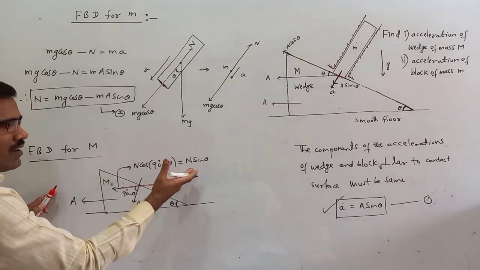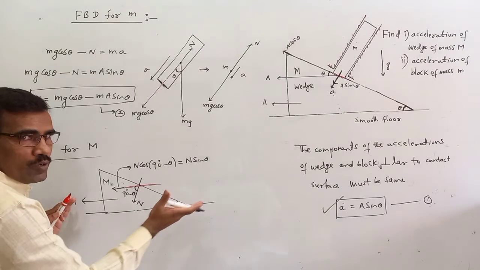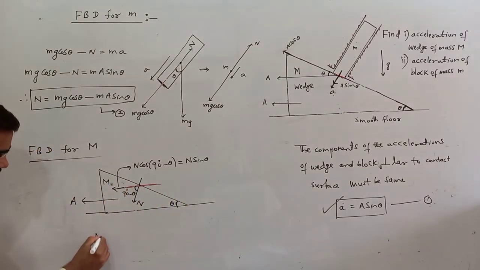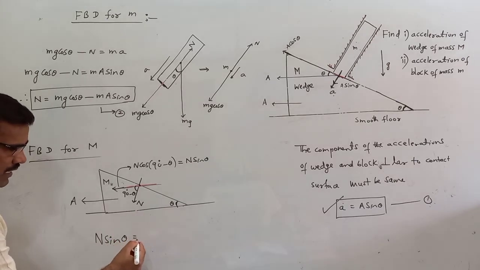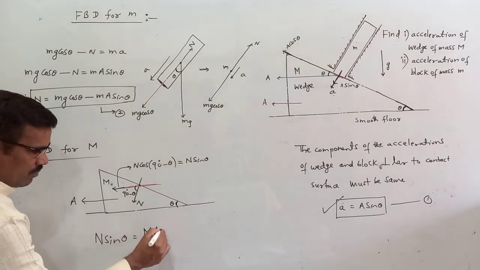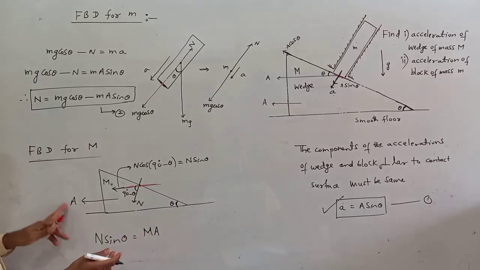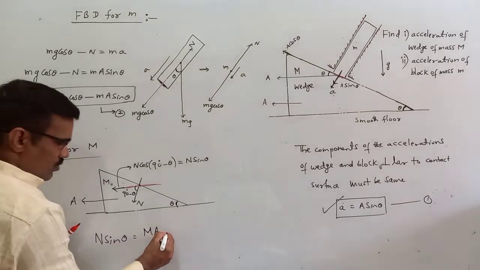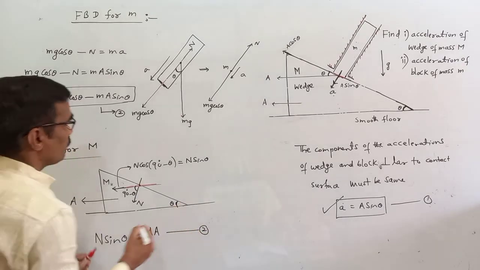The opposite side has no force. That's why the net force on capital M is N sin theta, equal to MA, where capital M is the mass of the wedge and capital A is the acceleration of capital M. This is equation 3.